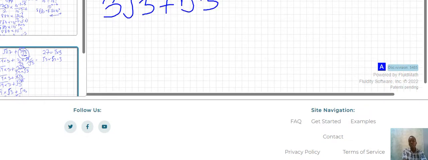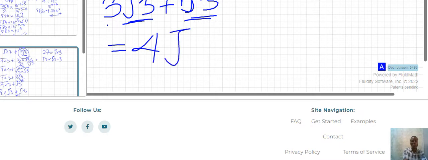So since they have the same root, the rules in surds say we can add this value and this value, because they have the same surd value. So 3 plus 1 will give us 4 root 3. So that will be the answer to that question.